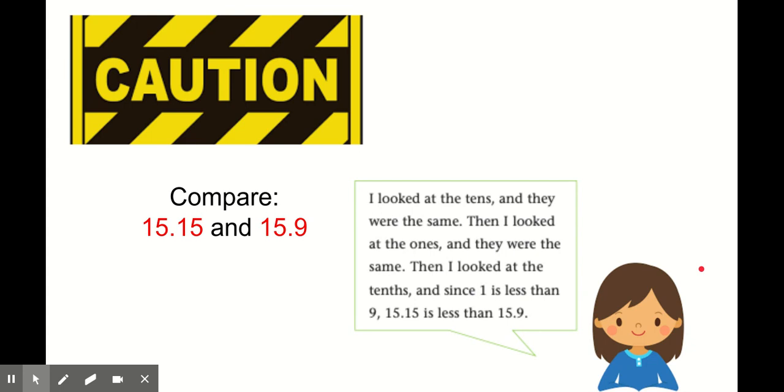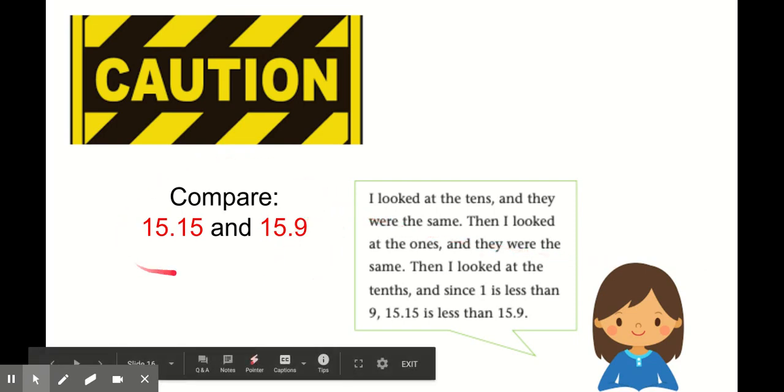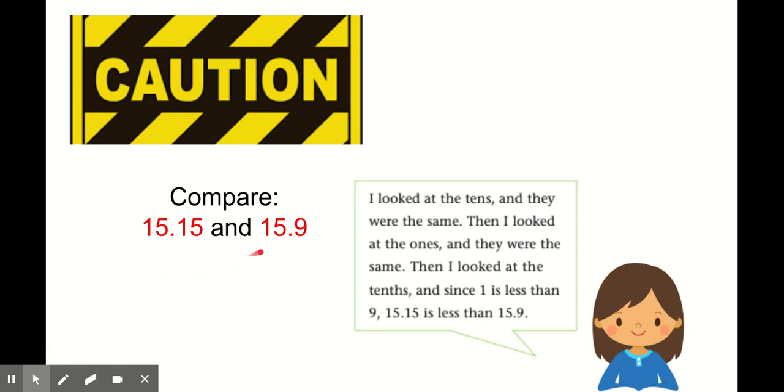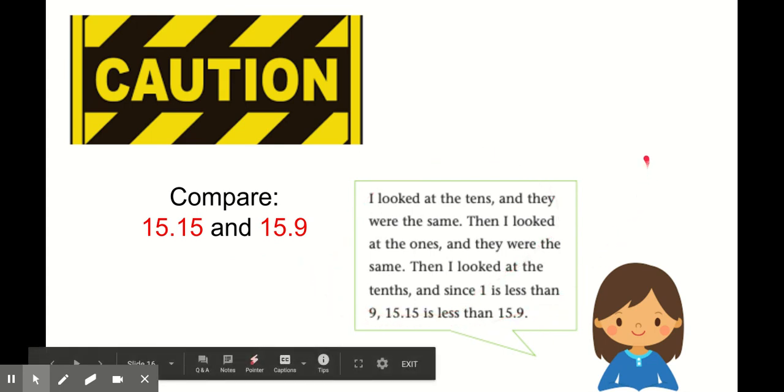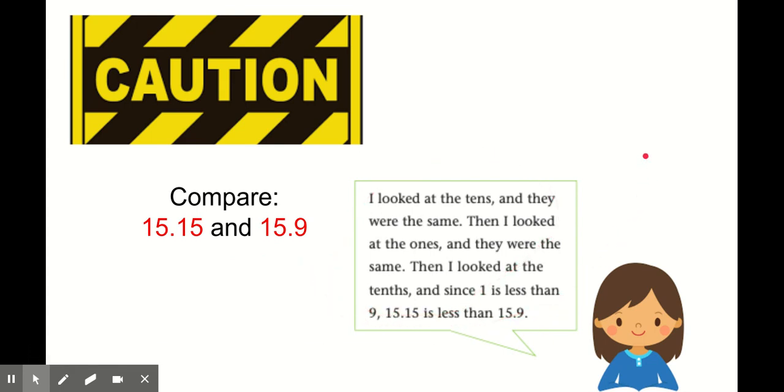Students gain little understanding of quantity if they compare decimals by looking from digit to digit, as the student above explains her reasoning. In this task, the student was asked to compare 15.15 and 15.9. The student's reasoning was, I looked at the tens and they were the same.